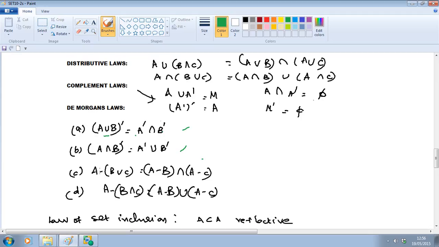So this is all distributive laws and De Morgan's laws. These laws we have to practice.